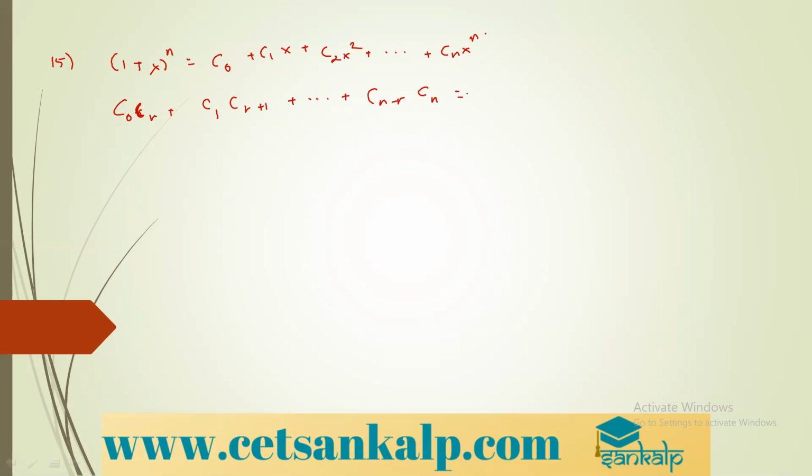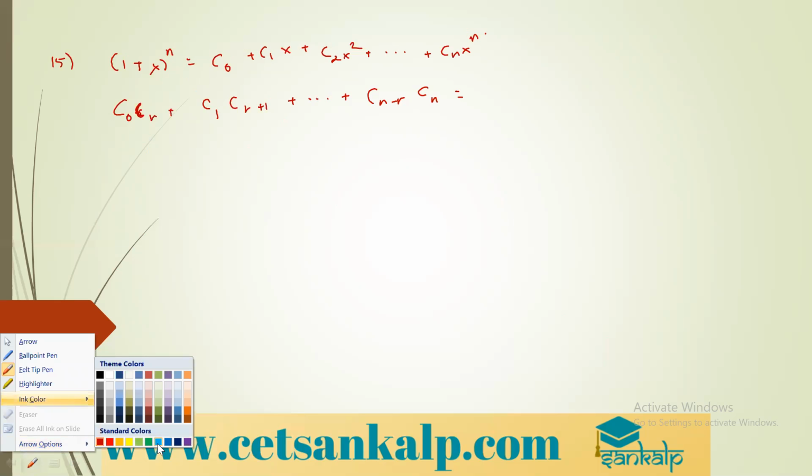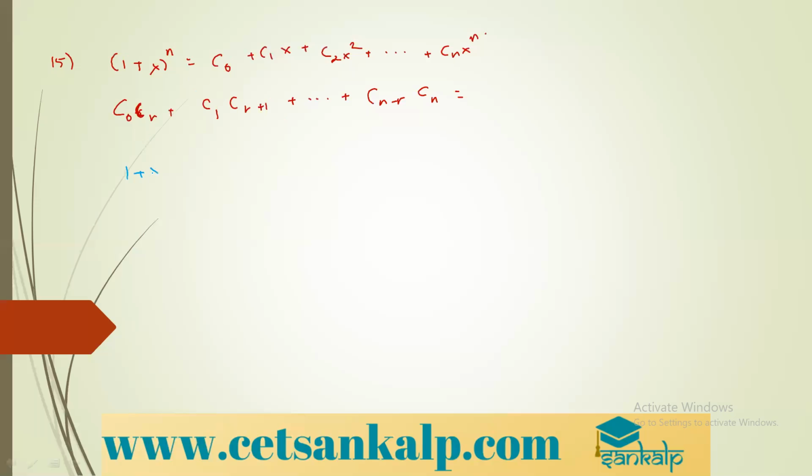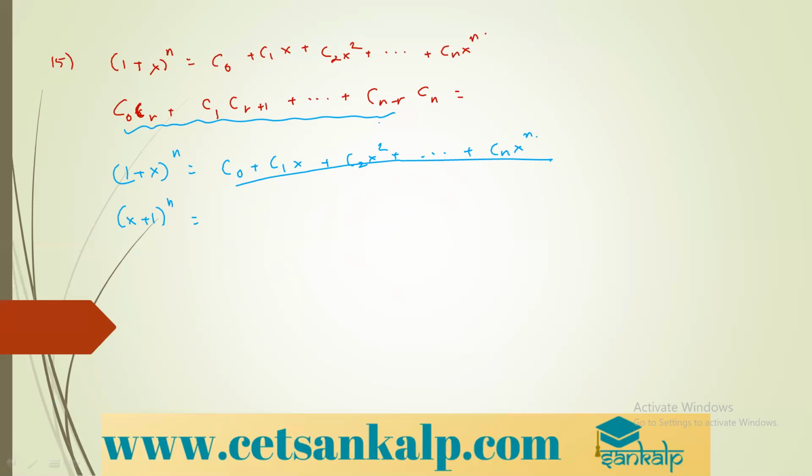What is the value? In the beginning, when I told you how to write this, I wrote 1 plus x whole power n as C0 plus C1x plus C2x square up to Cn x power n. If I change it to x plus 1 whole power n, I told you I can keep the same thing, but I will not keep the same thing because I need to get what is there in the question.